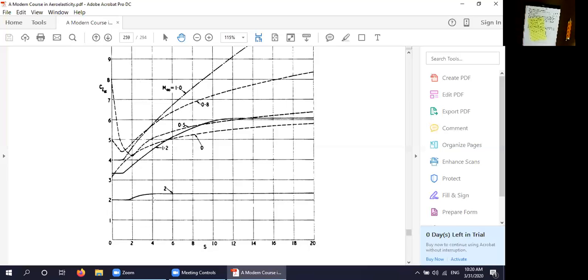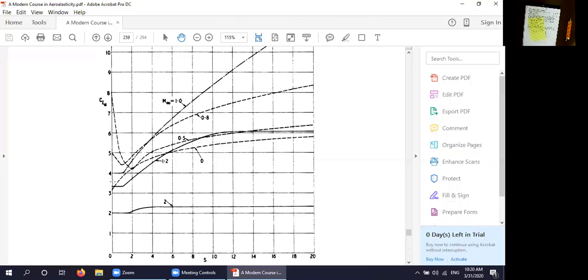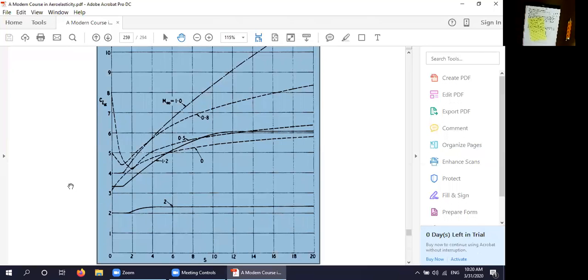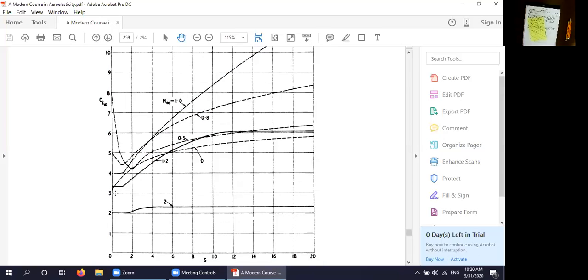On the other hand, when I'm down here at a Mach number 1.2, right? Again, piston theory gives you the right answer at short time. This is still the result given by piston theory. Piston theory basically says CL alpha is 4 divided by the Mach number.